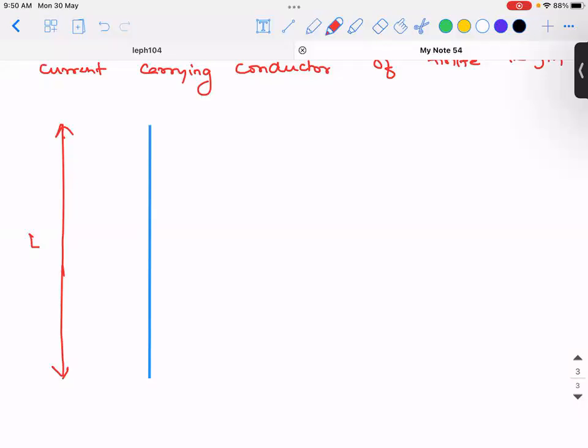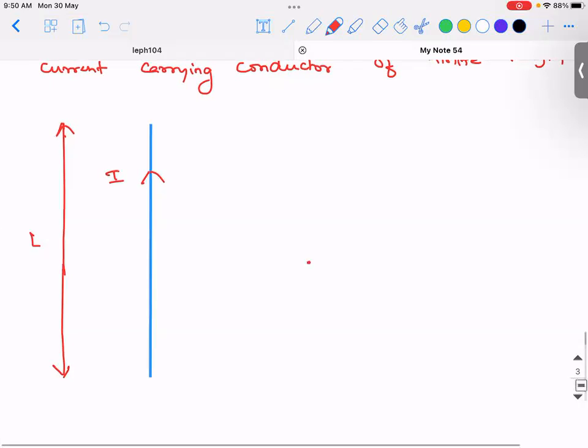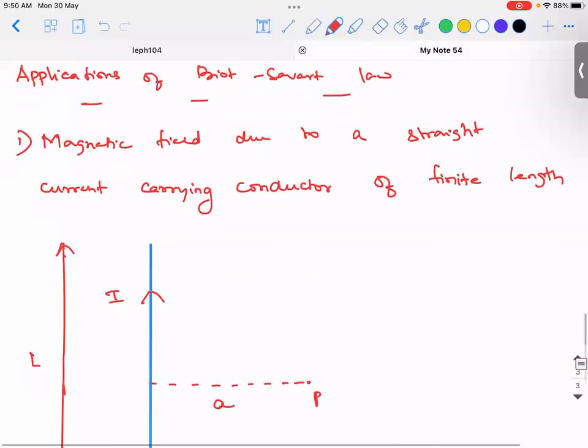And let's say the current in this conductor is in the upward direction. So I'm interested to calculate the magnetic field due to this kind of a system at a point P, which is at a distance a from the current carrying conductor.